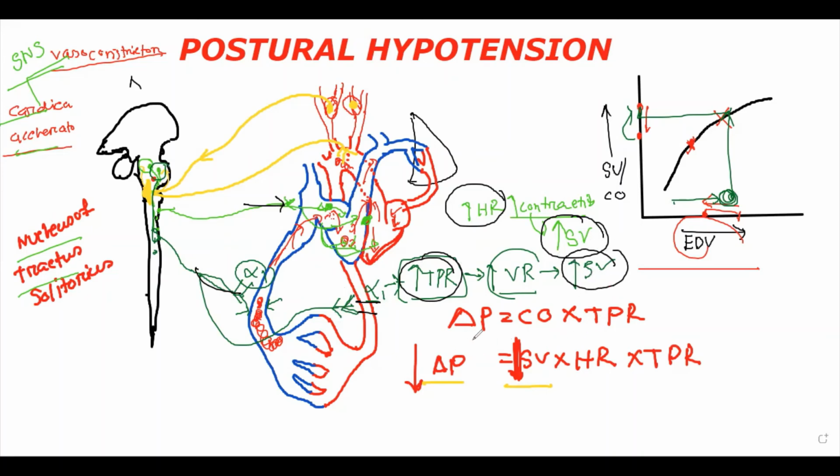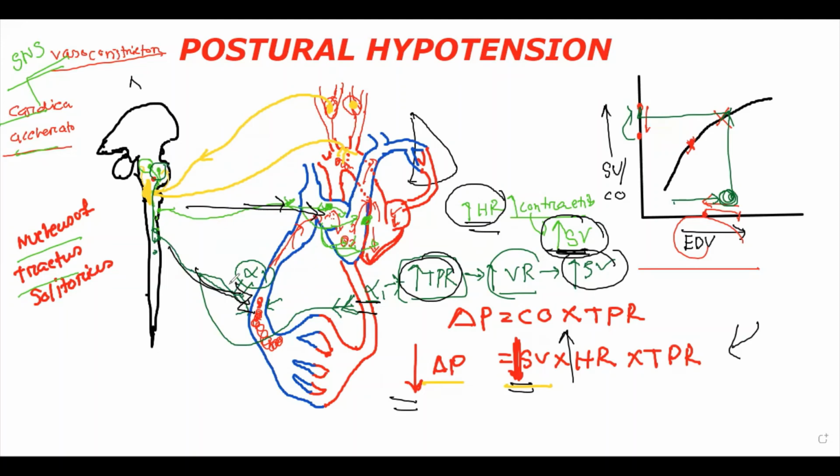Now let's see what changes will occur here. Previously our blood pressure was decreased due to significantly decreased stroke volume. Now our heart rate has increased, and our stroke volume has increased due to a double effect: the direct effect on the myocyte and the effect on the vein, venoconstriction, which will eventually lead to increased venous return.